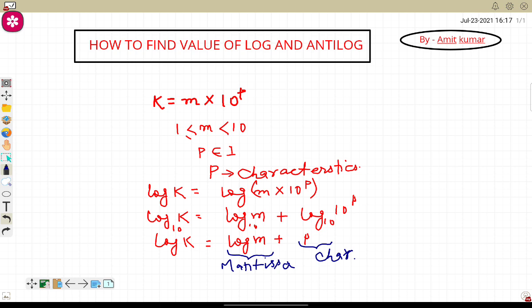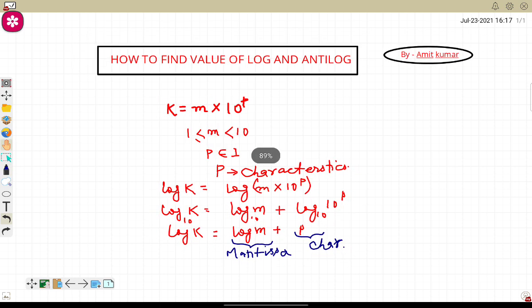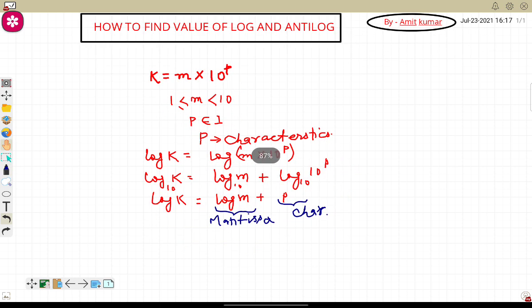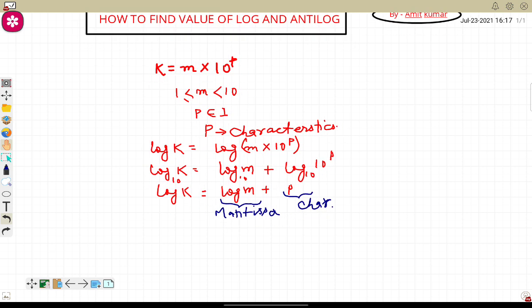Okay, let us take an example to find the characteristics and Mantissa. A number is given, 2315.4. Try to find the characteristics and Mantissa for this number, and first of all find the characteristics.